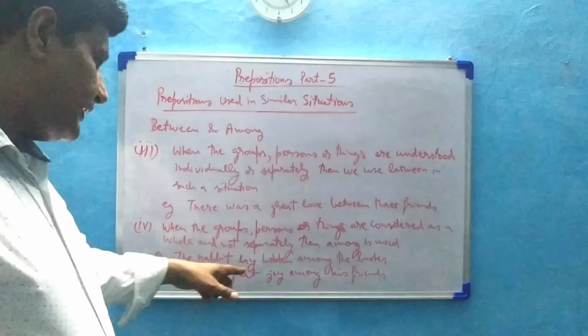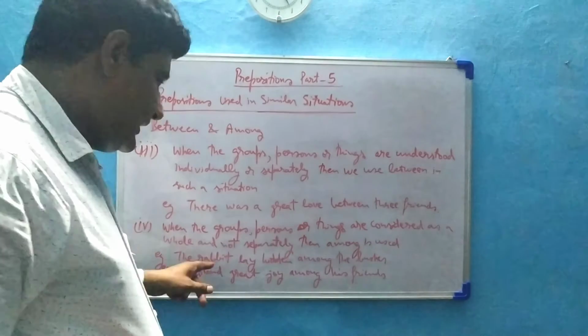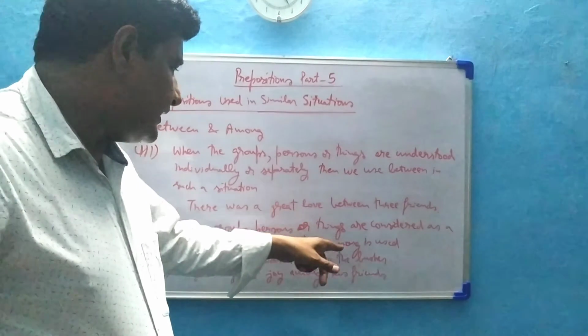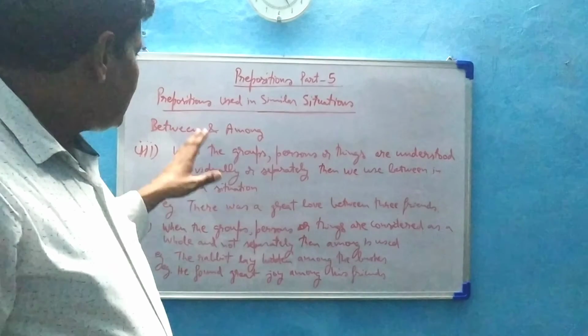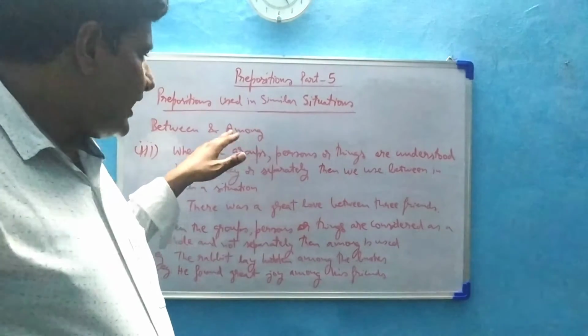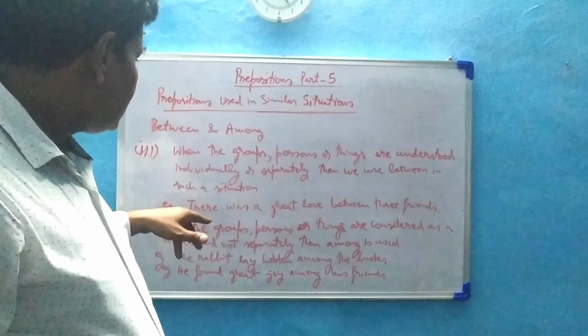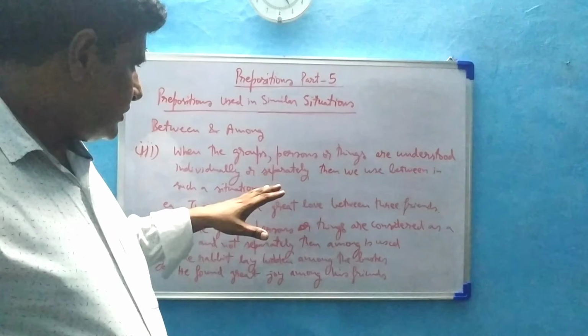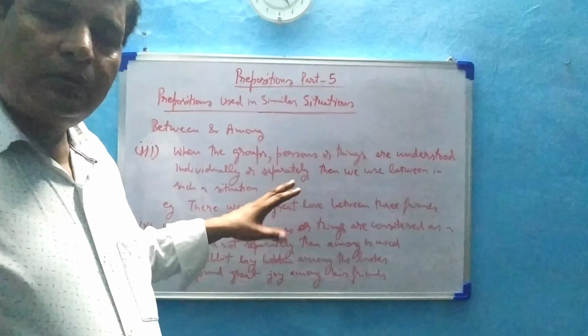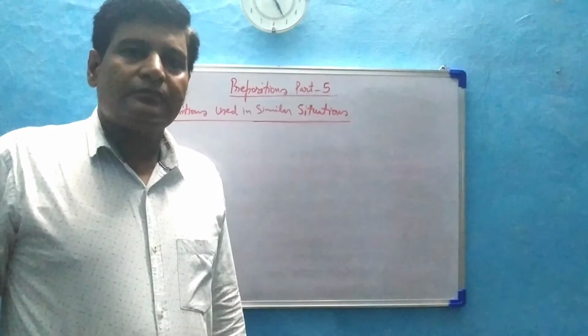He found great joy among his friends. So I hope you have understood the difference between among and between and how these are used in different situations. So I think now everything is clear to you.